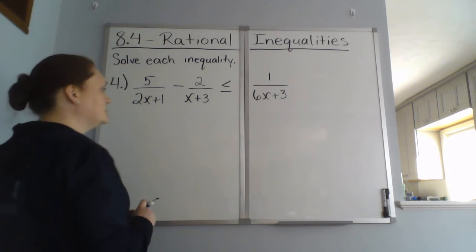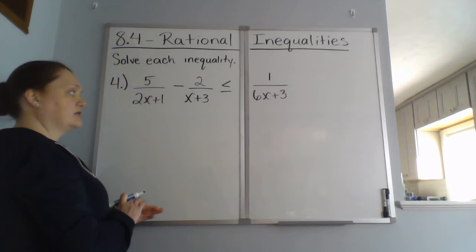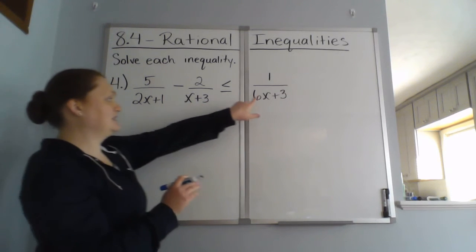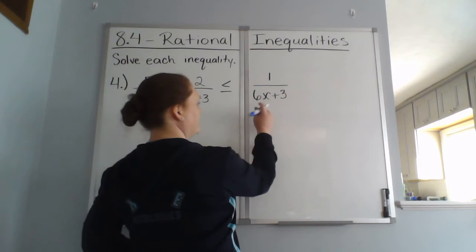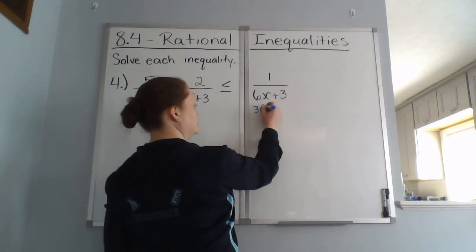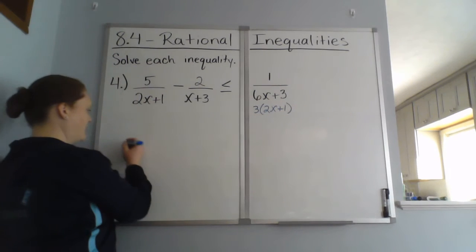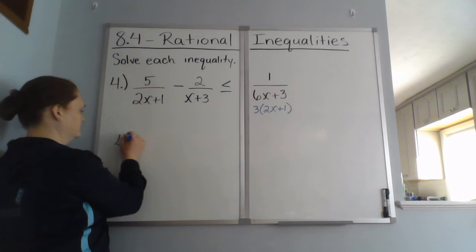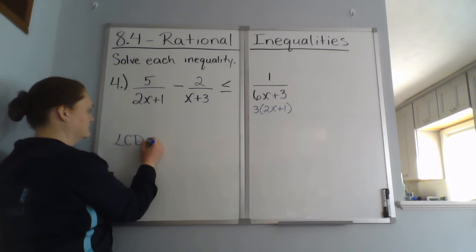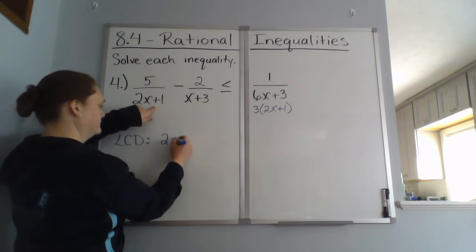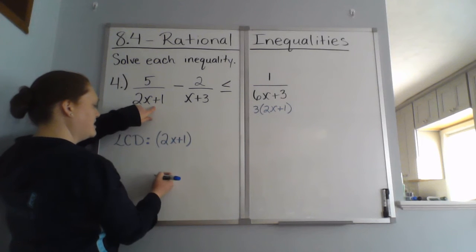Okay, so let's start thinking about what our least common denominator is. This doesn't factor, but this does. This has a GCF of 3. So we've got 3 times 2x plus 1 here. So let's go ahead and identify our least common denominator. First denominator is 2x plus 1, so we need that in our common denominator.